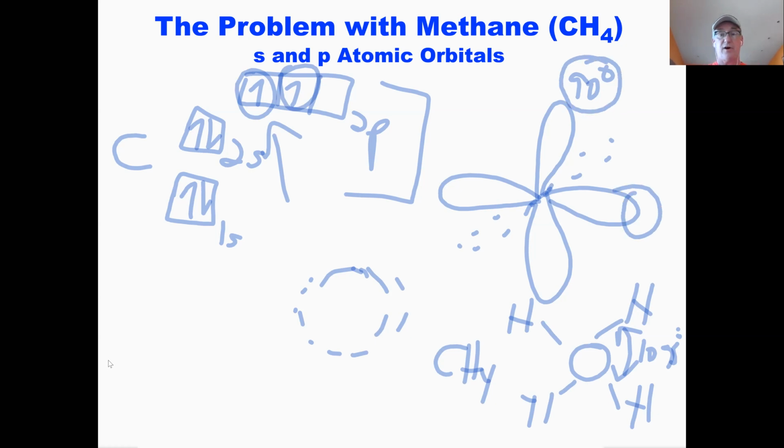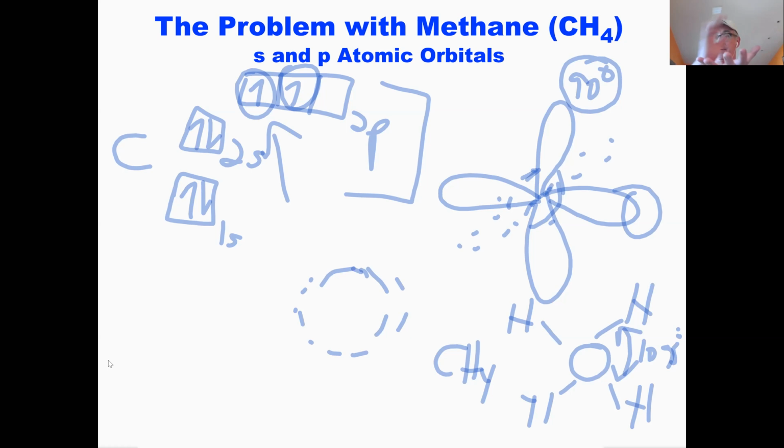And the other 2 are in a sphere. None of them are at 109.5 degrees. So these cannot be the 4 bonding electrons for methane. Can't, because that doesn't make any physical sense.